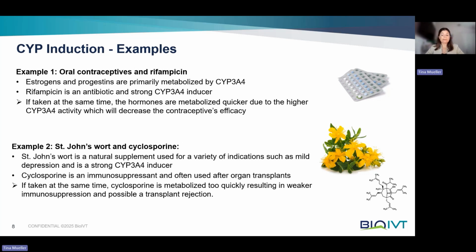Analogous to the previous example, if St. John's wort and cyclosporin are taken at the same time, it causes cyclosporin to be metabolized too quickly, and as a result, it weakens its therapeutic effects. Namely, it weakens the immunosuppression, which can lead to a possible transplant rejection.